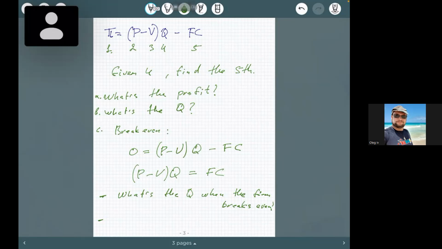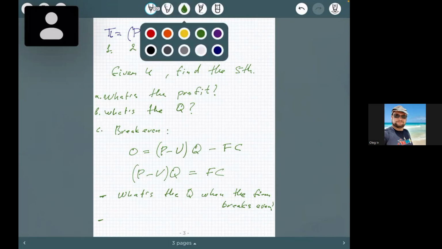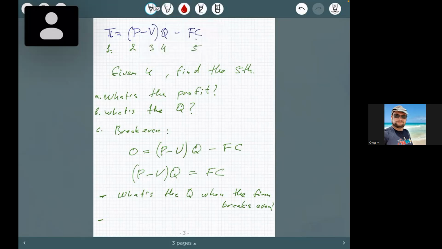In this formula, it's quite obvious that you can change price and quantity, because you go to the market and you can set the price. You can sell it for $5, for $10. You can also figure out the quantity, which mostly are connected together because these things are rather fixed.